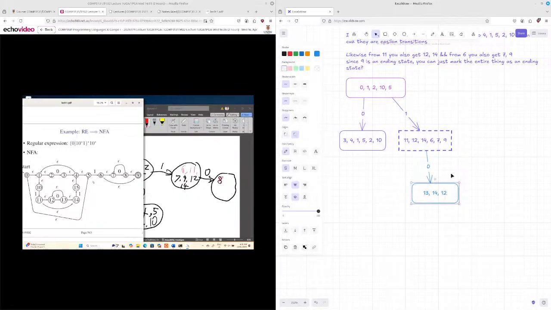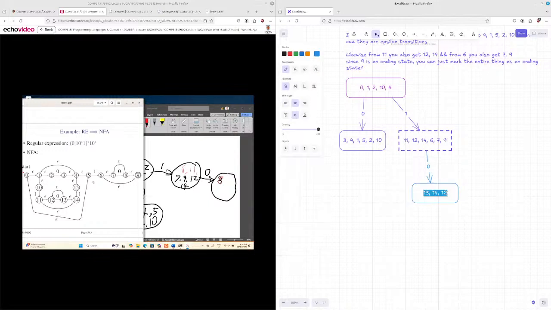Okay, now from 14, where can we go with 0?